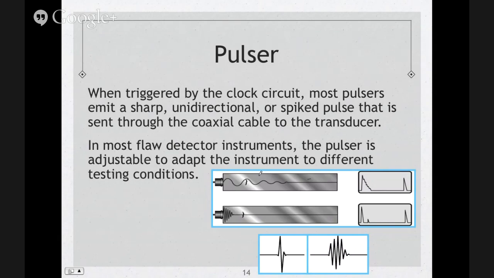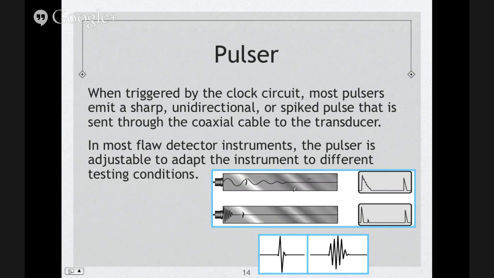And also you can control the dampening factor, which is the pulse length, the length of that pulse. So for longer pulses, we're not very sensitive to the front surface, at least for very shallow defects.